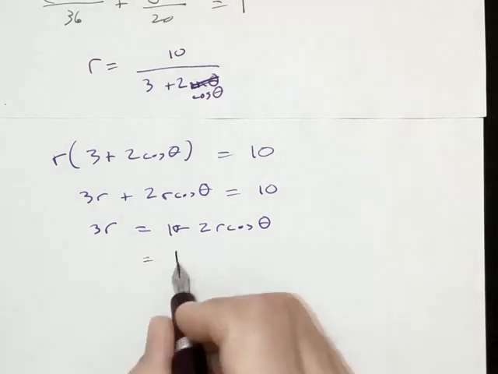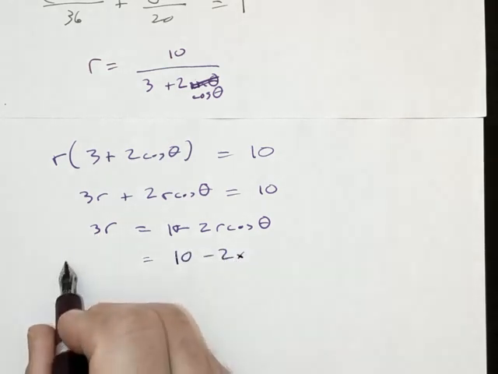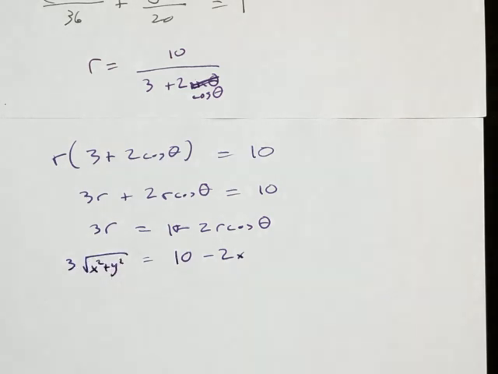Aha. Then here I get 3 square root of x squared plus y squared, because r squared is x squared plus y squared. Hey, wait a minute, that's an equation now that's all in x and y.